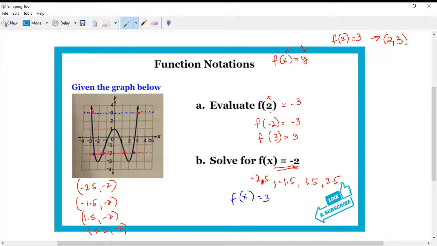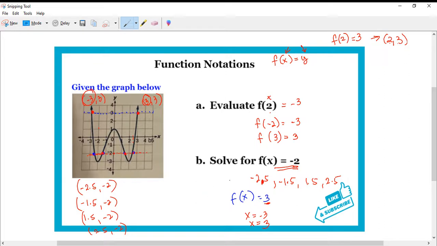So what is the x there? This is going to be (-3, 3), and this one right here is (3, 3). Since you're given the y, your answers are the x values. For this one, x is equal to negative 3 and 3.